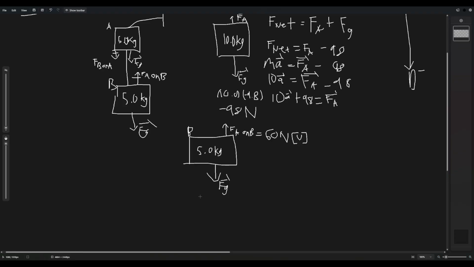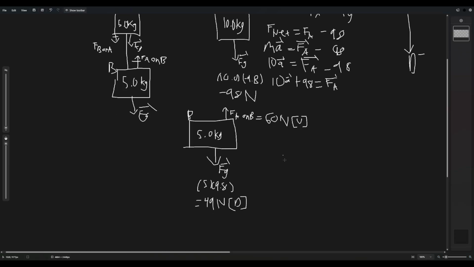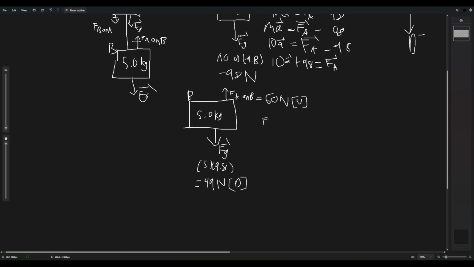Force of gravity is just 5 times 9.8, which is equal to 49 newtons down. So this is going to be negative. Now make another net force equation. F net B is equal to F A on B plus force of gravity.